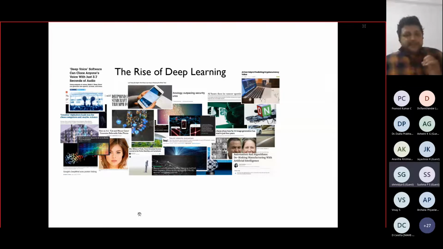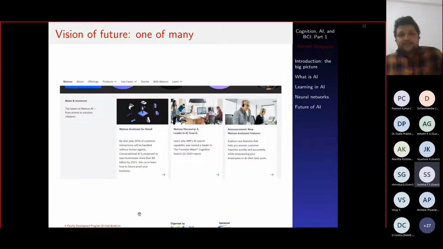If you just open any tech journal or even mainstream media articles, you would find some topic that touches the boundary of AI and human society. This has been possible over the last 10 years because of the rise of big data and deep learning methods in AI. And also there are so many different kinds of futures that are being imagined.